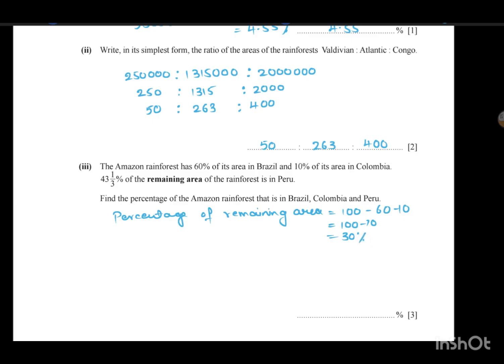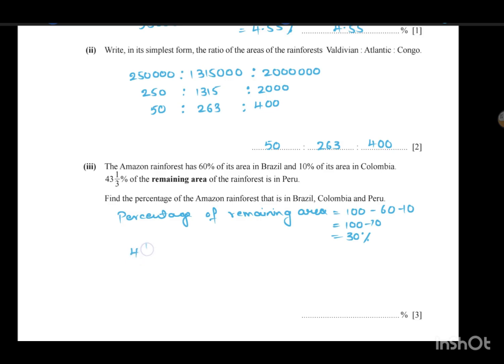So 30% of the remaining area, and 43 1 by 3% of this 30%. So 43 1 by 3, let me write it clearly. 43 1 by 3% of this 30% is in Peru.